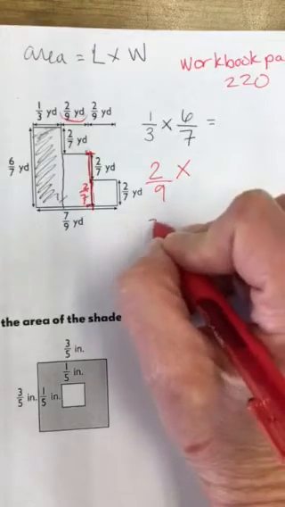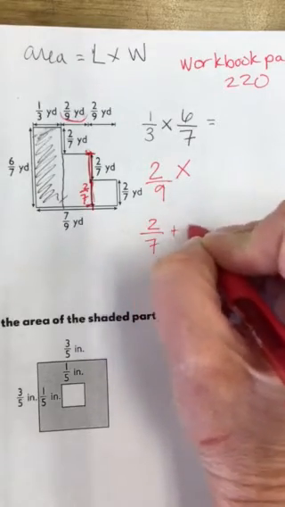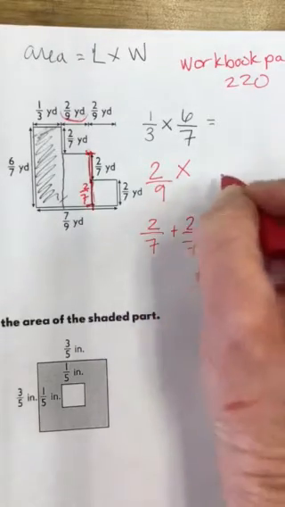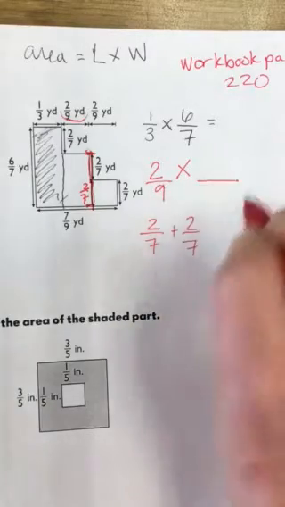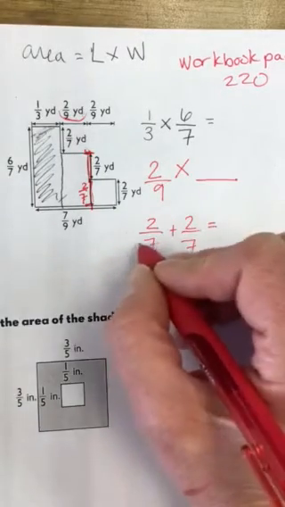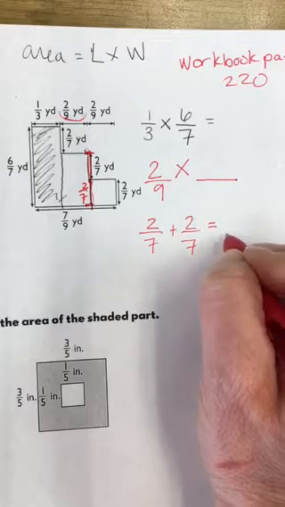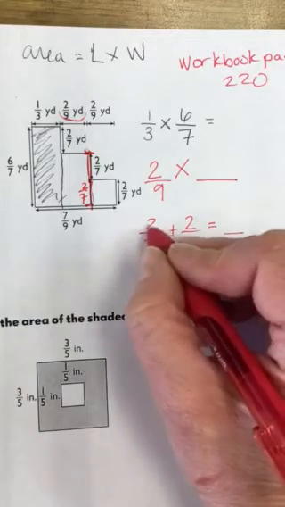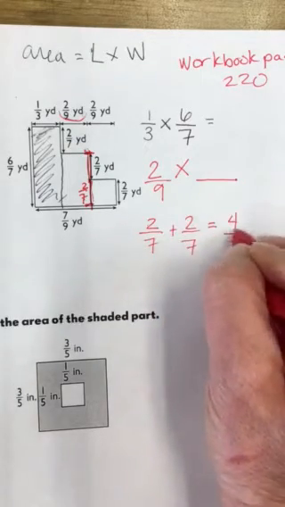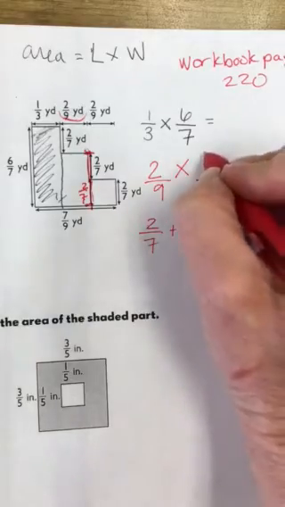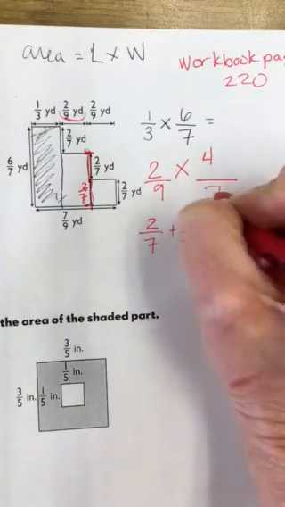So you have even more math to do. 2/7 plus 2/7 will tell us the value here. Remember, with adding fractions, the denominator stays the same. We add the numerators and end up with 4/7, and that value comes back up here.